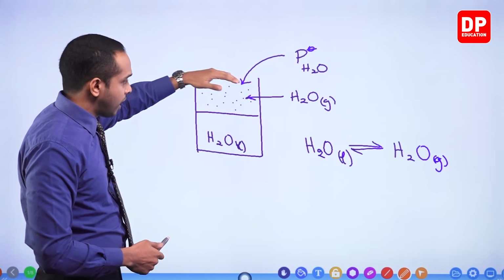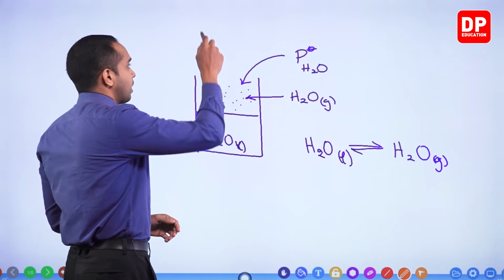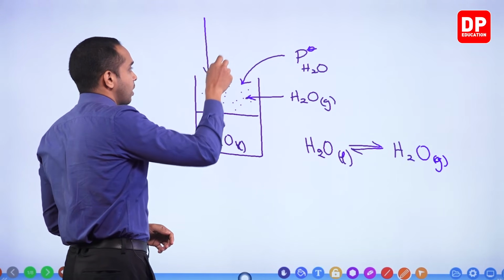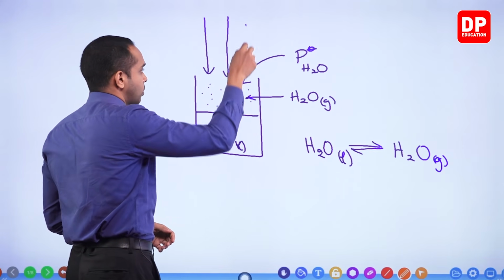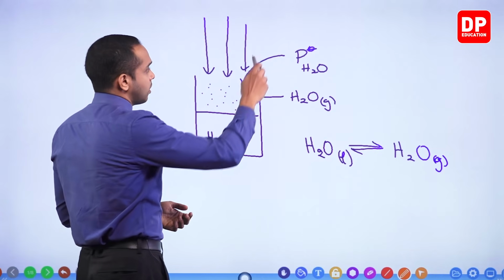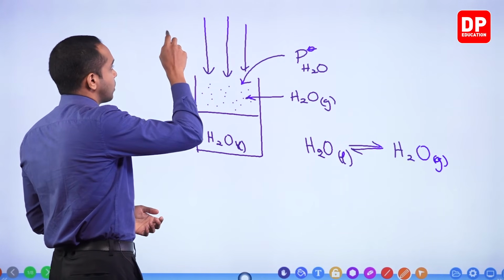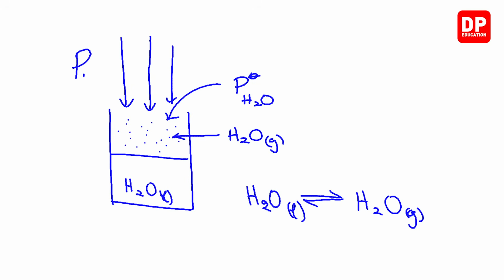So although we have a bit of a pressure generated through this vapor, we shouldn't forget that there's something called atmospheric pressure. So this atmospheric pressure is pushing down this vapor and is applied on this entire system. So this is your atmospheric pressure. Let's say P atmosphere.